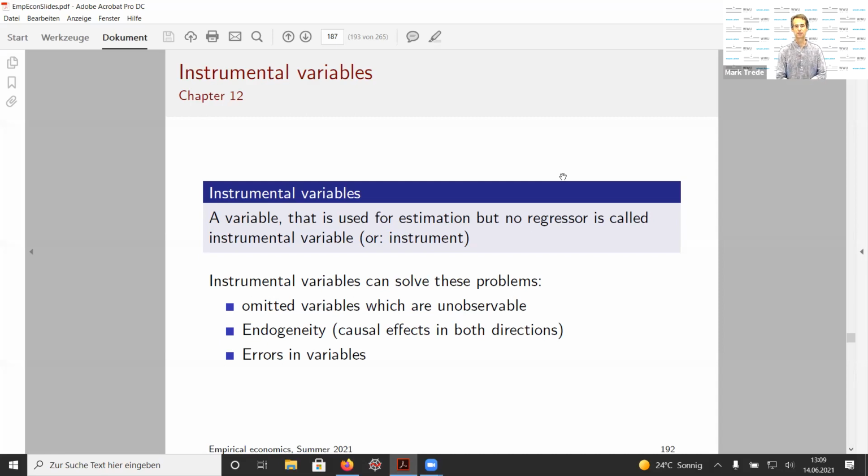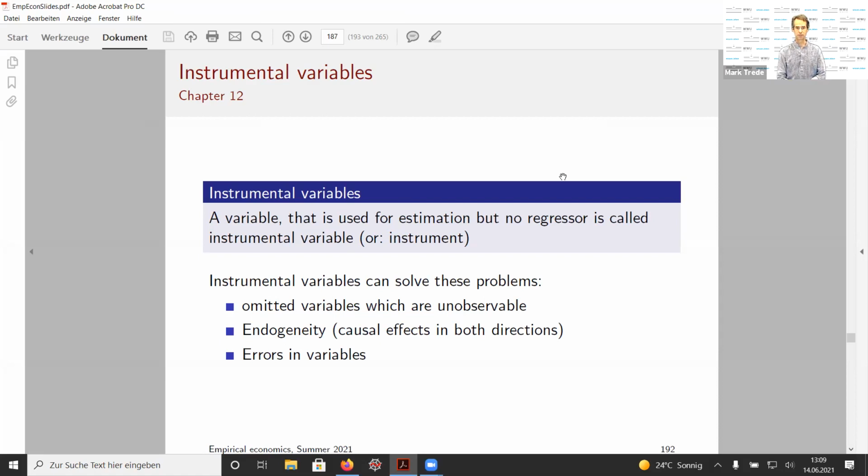a variable is called instrumental variable or just an instrument if it's used for estimation, but if it's not a regressor. Okay. So a regressor is usually not used as an instrument, or we will later see that sometimes it is, but we don't call a regressor an instrument in general.